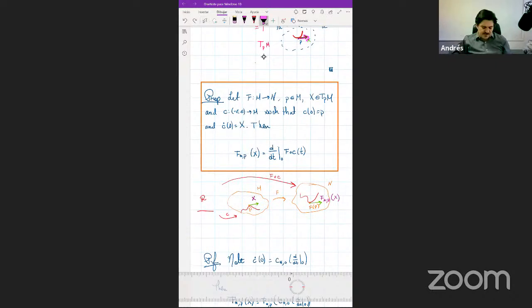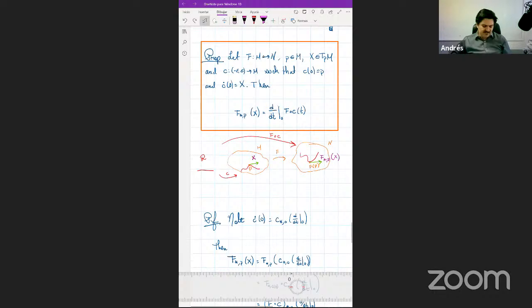So this is the notation that we have from calculus, which agrees with the one that we have seen today about the differential. Okay, so let's see.